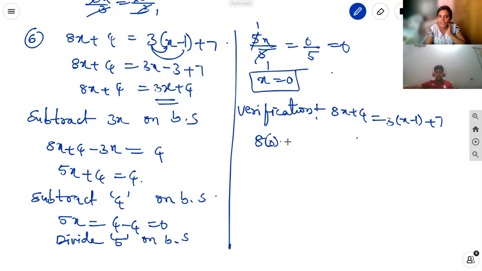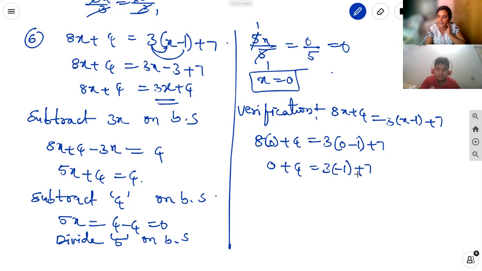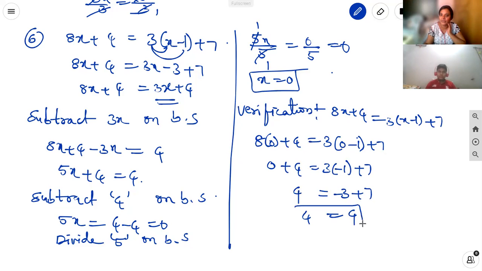So 8 into 0 + 4 = 3(0 - 1) + 7. 8 into 0, 0 into something is 0, plus 4 equals 0 minus 1, it's minus 1, plus 7. 3 into minus 1 is minus 3, plus 7, it is equal to 4. 0 plus 4 is 4. Both values are the same, left-hand side and right-hand side. So it's verified.